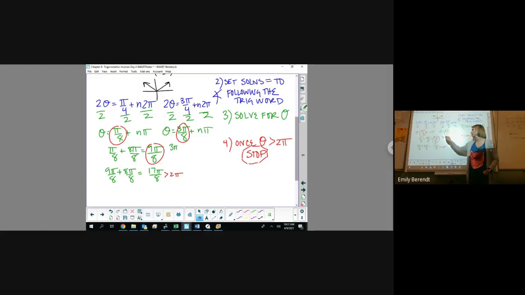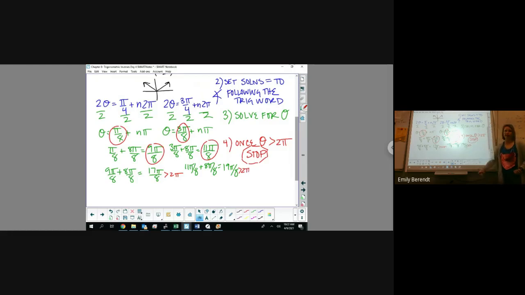So 3 pi over 8 plus 8 pi over 8 makes 11 pi over 8. Does 11 pi over 8 fit? Yes. And then from 11 pi over 8, if you were to add 8 pi over 8, you would get 19 pi over 8. Does that fit? No, you are greater than 2 pi.